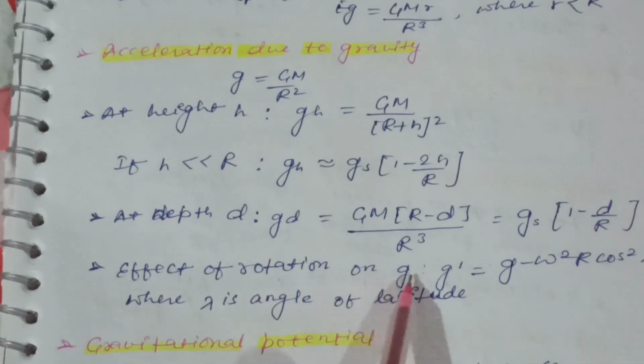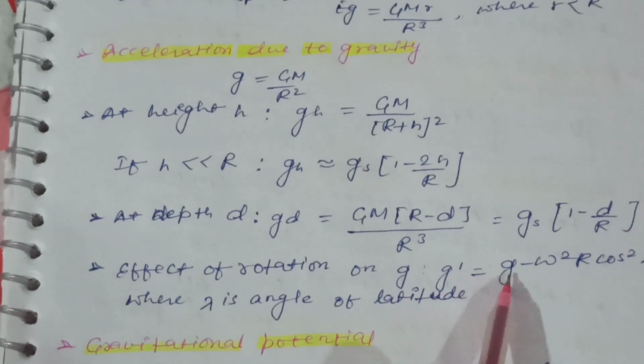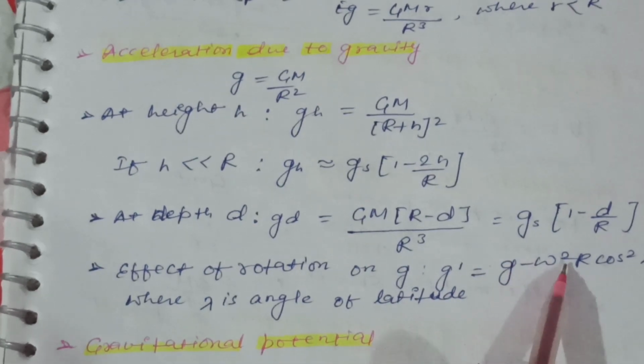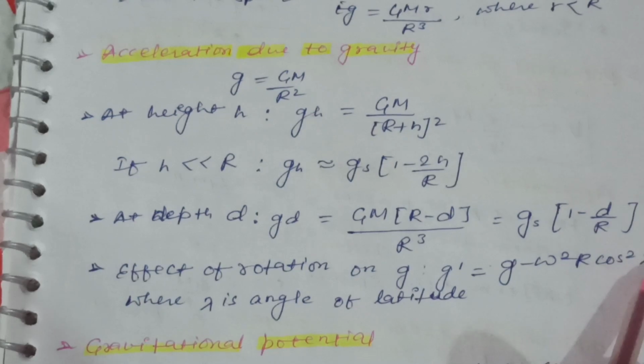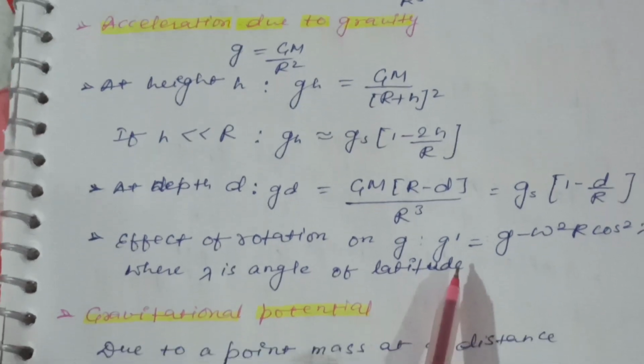Effect of rotation on g: g' = g − ω²R cos²λ, where λ is the angle of latitude.